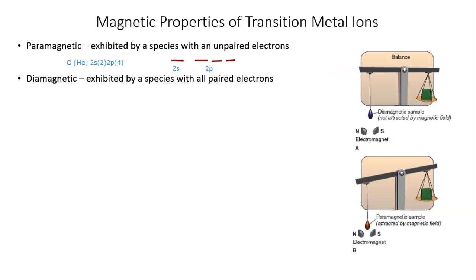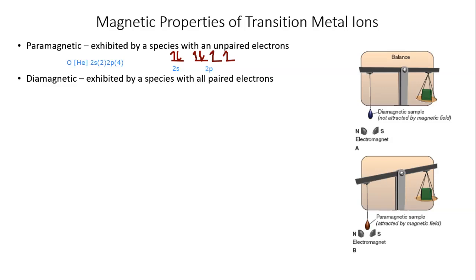Now if we start filling these electrons, you see oxygen has two lone electrons. So oxygen is paramagnetic, however oxide is diamagnetic because oxide does not have any single lone electrons. So species with lone electrons or unpaired electrons are paramagnetic.